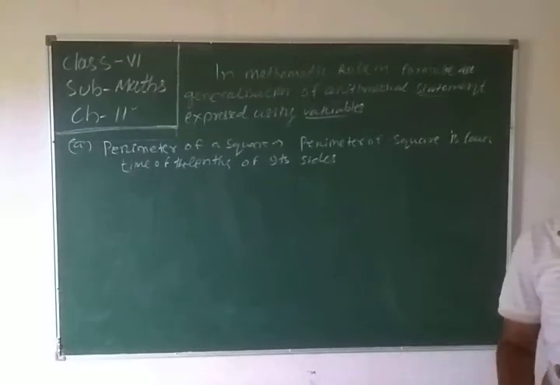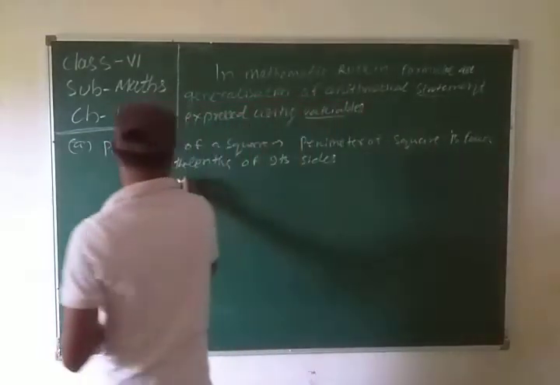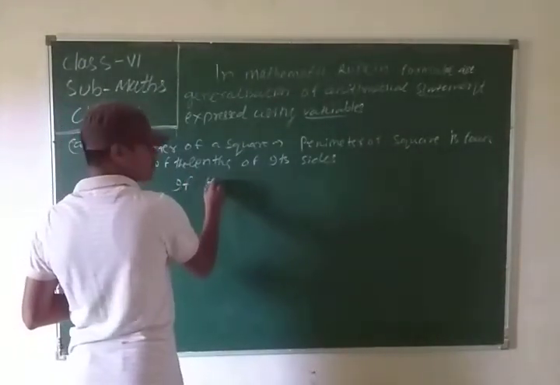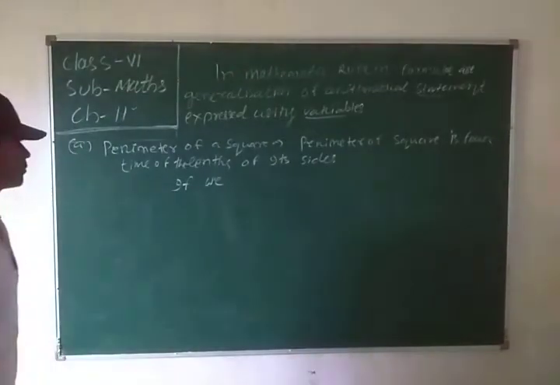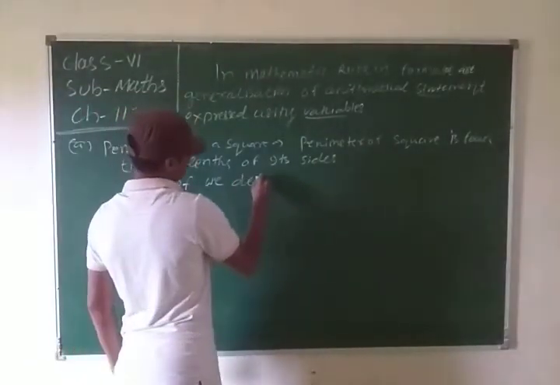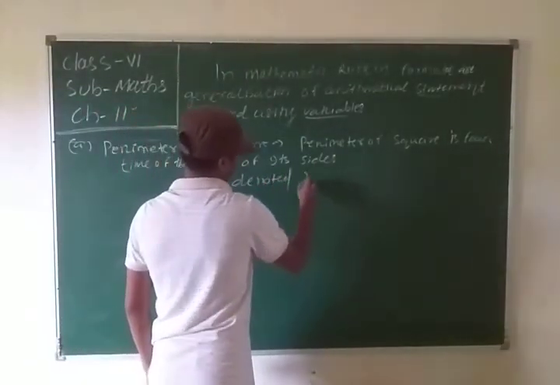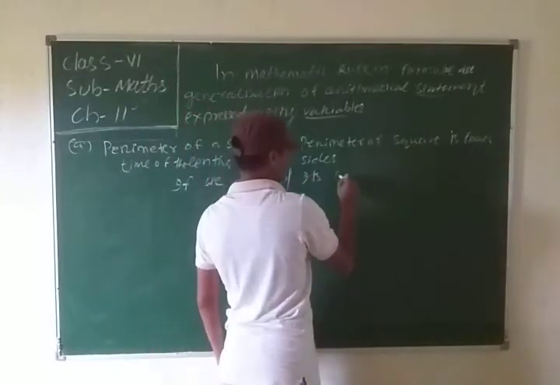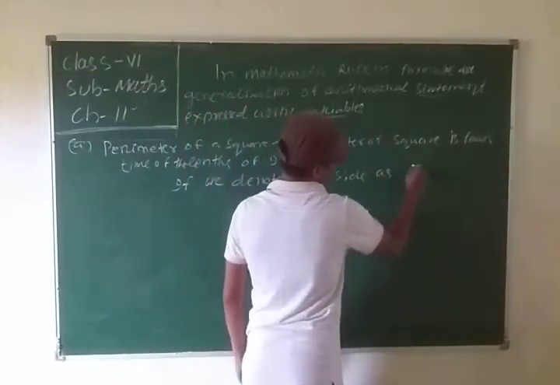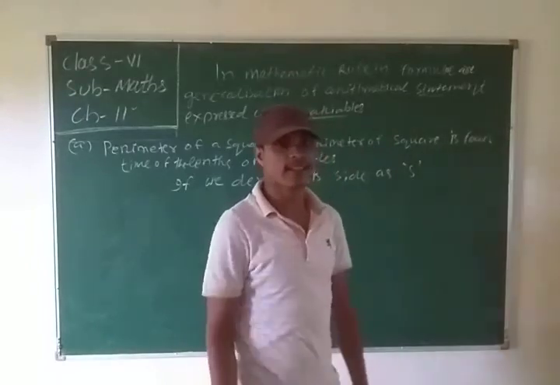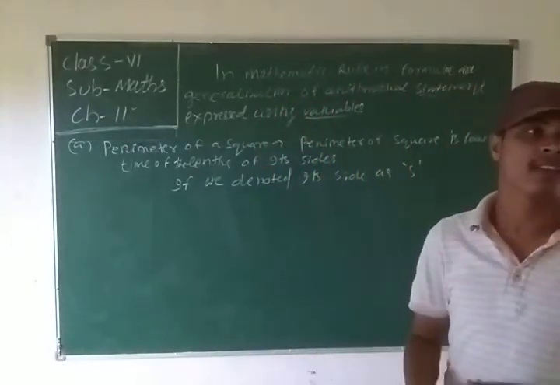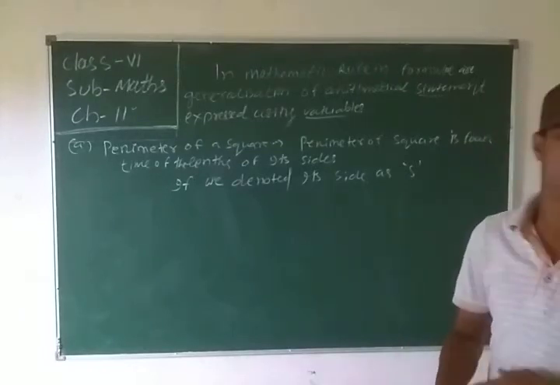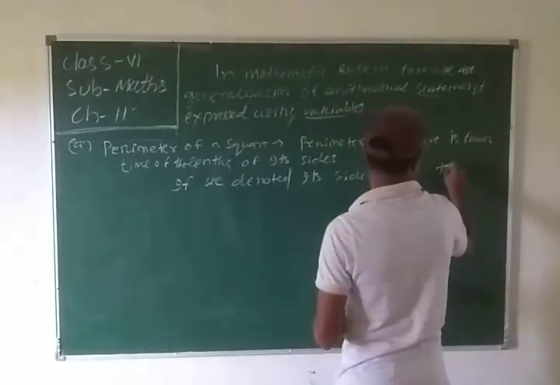So if its side is denoted by the letter S, then what is the perimeter?